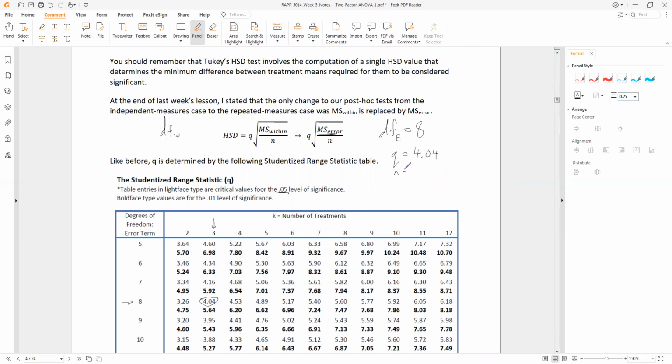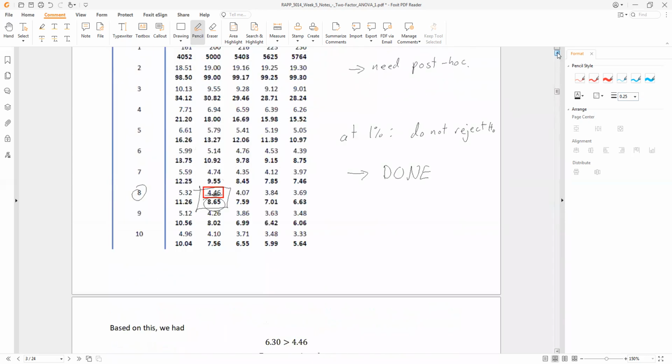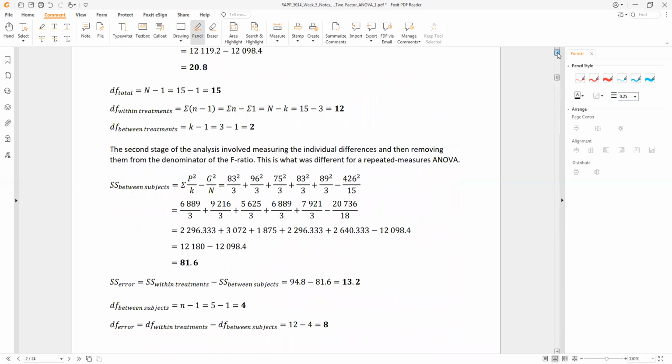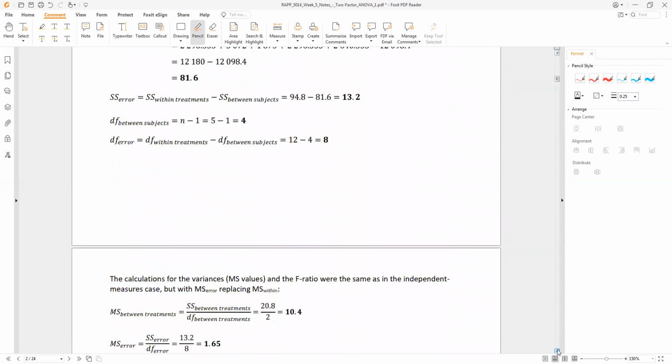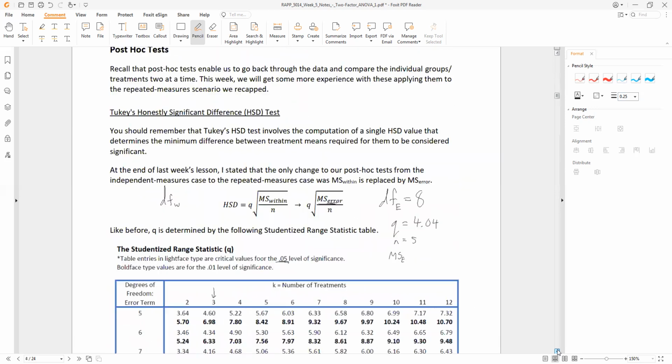The N is 5, and the MSE is, if we don't remember, we can go back to our table and see what that was. That was the 1.65. You can see that right here, MSE, 1.65. So then my HSD is going to be 4.04 times the square root of 1.65 over 5.